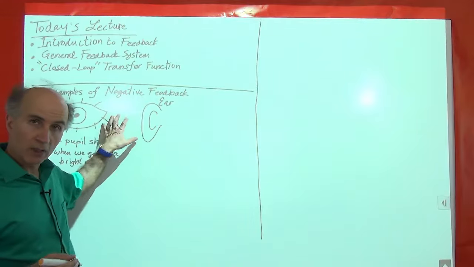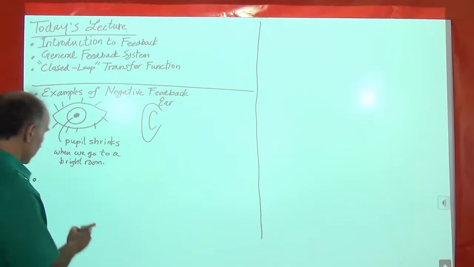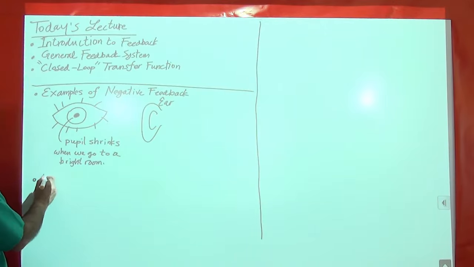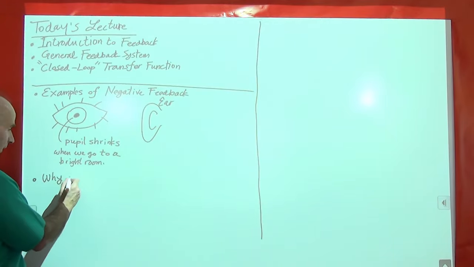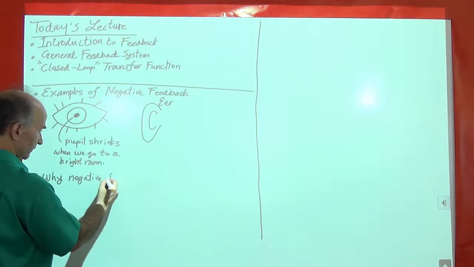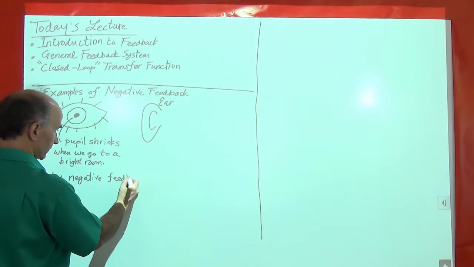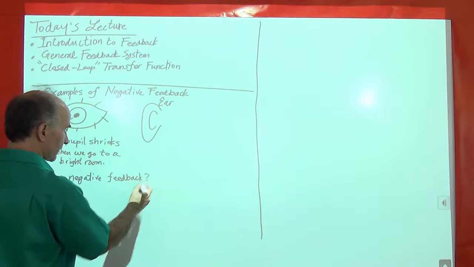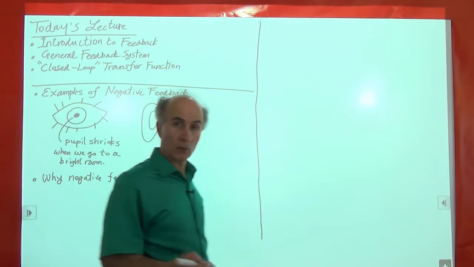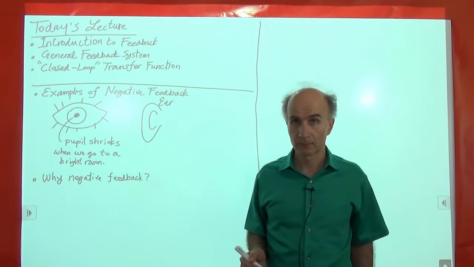These were something that we have in biology, but in practice, how do we do that? So we ask this question, why negative feedback, right? So for example, in circuits, what am I trying to achieve? Or in mechanical engineering, why do I need negative feedback?